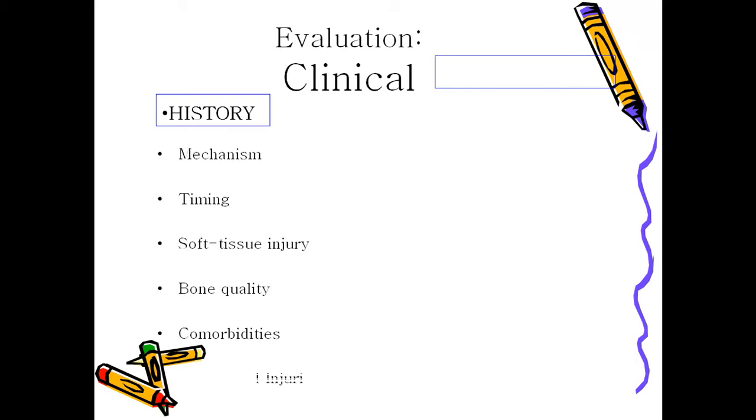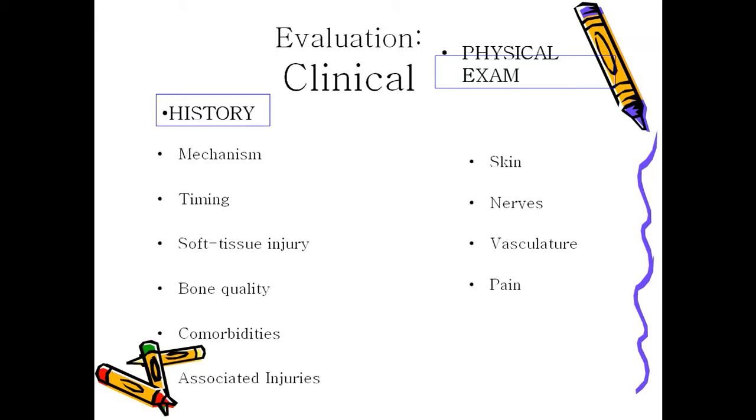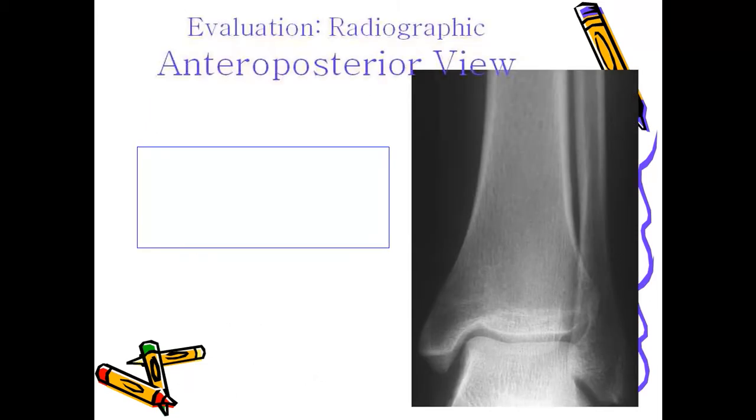Associated comorbid conditions, all those things must be considered. Skin, vessels, nerves, all are important in this case. Why? Because there may be an open fracture, then pain, deformity. So radiographic evaluation must be done.